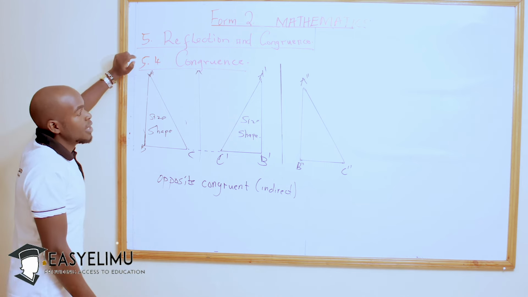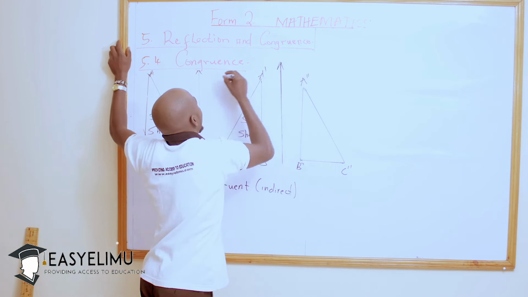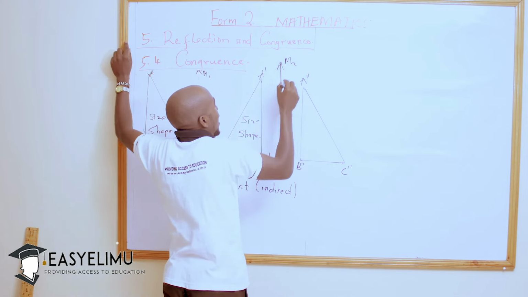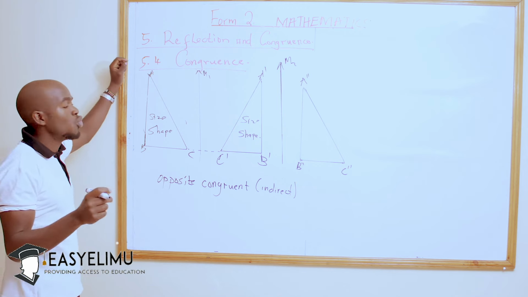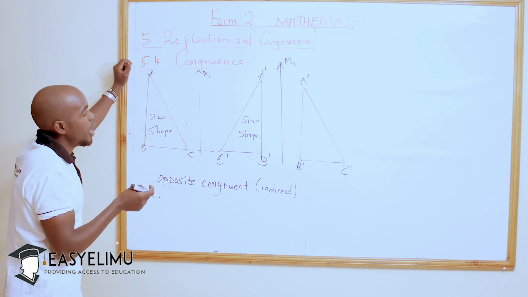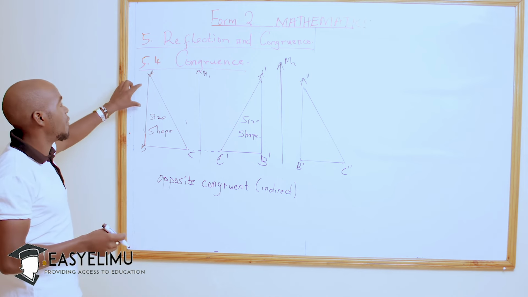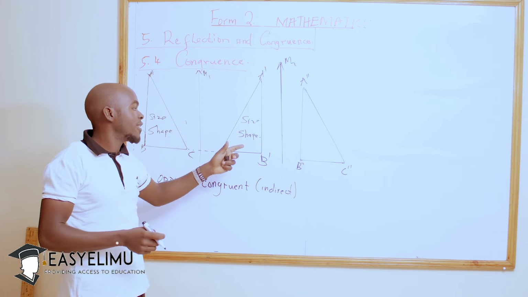So the image formed after the second mirror, let's call this mirror line 1 and this one mirror line 2. After reflection through mirror line 2, we have an image which looks the same as the first one, with the same size and shape.